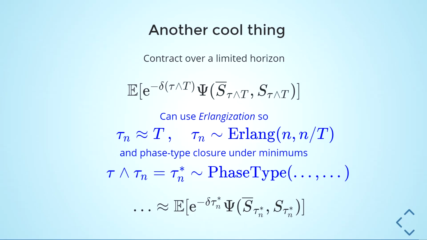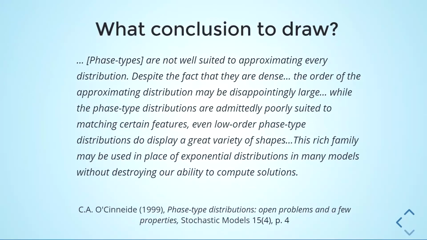You can approximate that constant time arbitrarily by this Erlang distribution, and then the minimum of two of these phase types is again phase type. So our exact same results solve a totally different problem we weren't even thinking about. So that's quite nice.